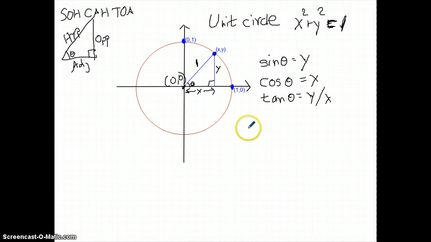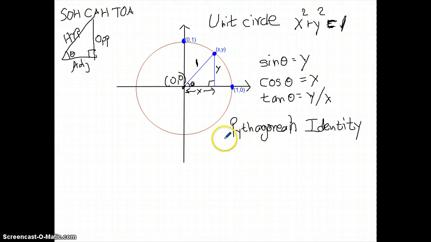And also, I want to talk about one other thing before we move on, and that is the Pythagorean identity. Now, of course, the definition of a unit circle, as I told you, is x squared plus y squared equals 1. But we also have a right triangle here.